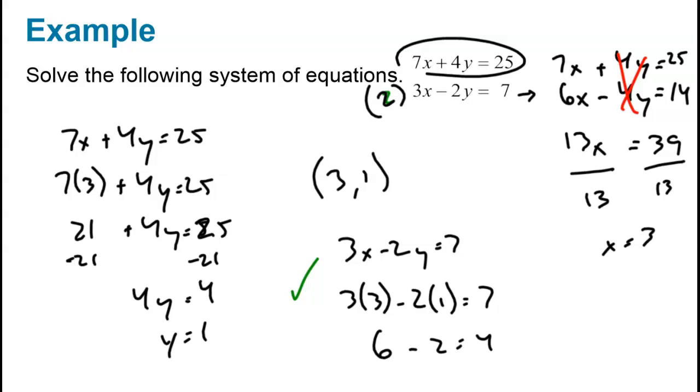Let's try this again. 3 times 3 is 9 all day, minus 2 equals 7. Sorry, I got ahead of myself and was looking at the next slide. 7 equals 7, and so that checks out.